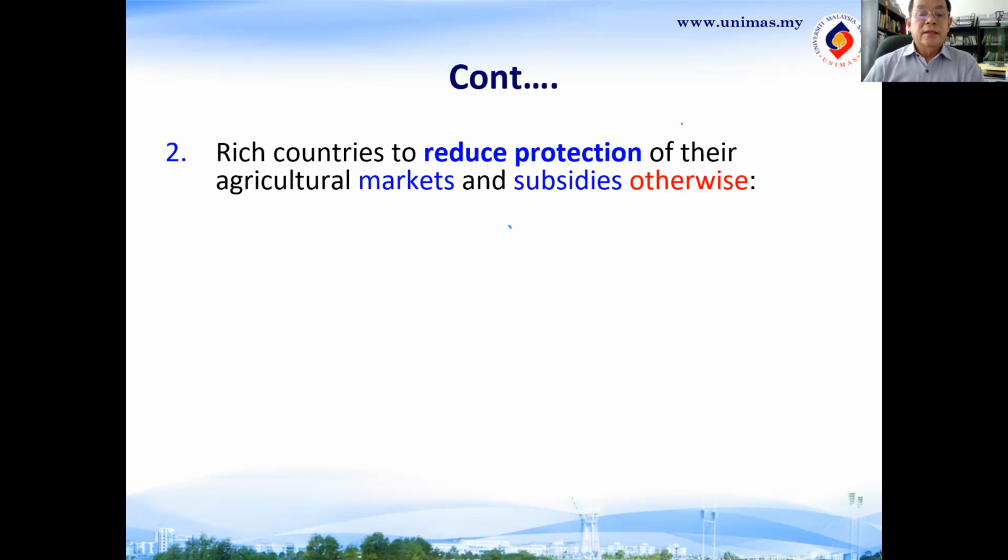Yang keduanya adalah strategi yang kedua is for rich countries to reduce protection of their agriculture markets and subsidies. Ya, itu yang kita bincang minggu lepas lah. That in order for the poor countries ataupun less developed countries to generate more income to trade, the rich countries have to reduce protection against imported goods ataupun services.